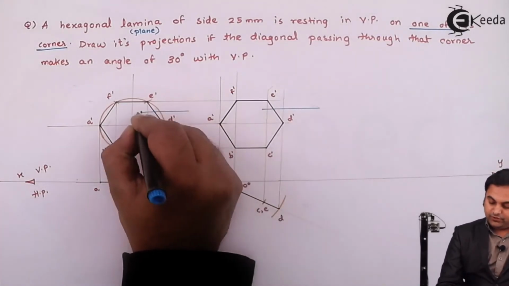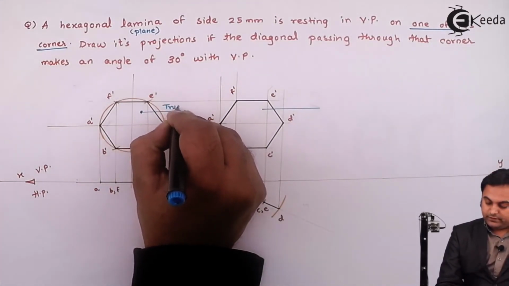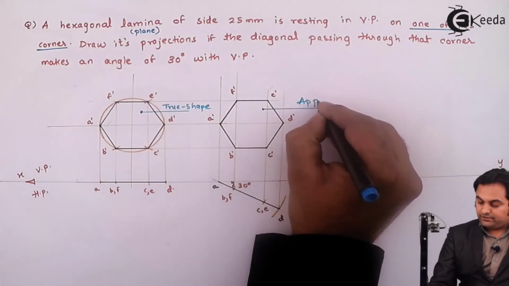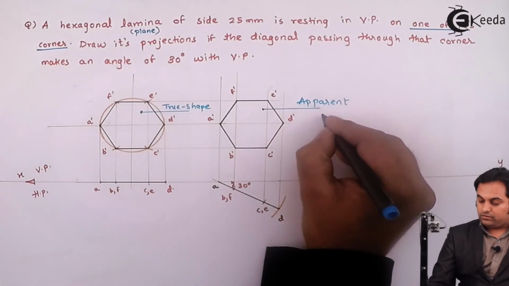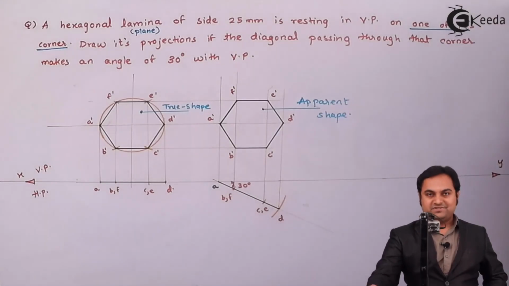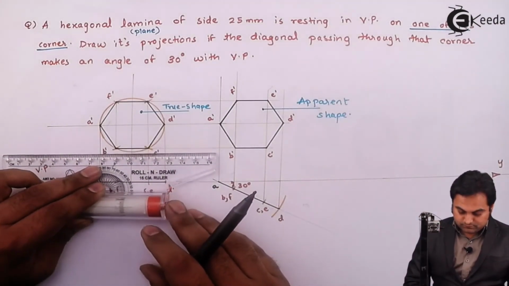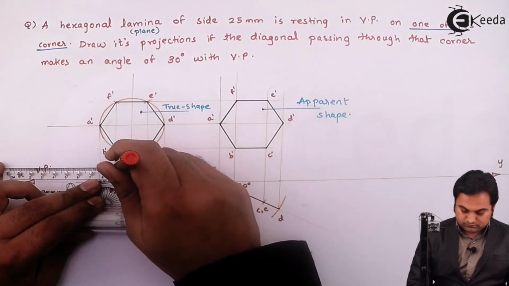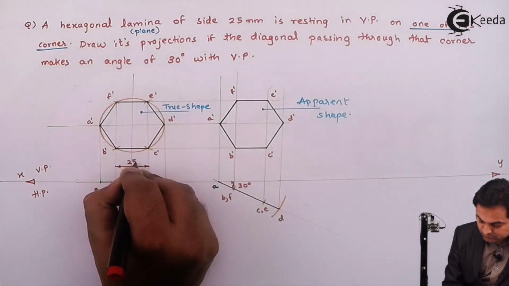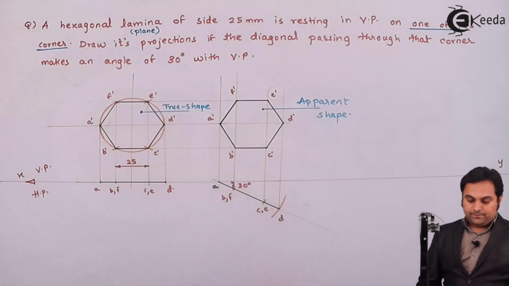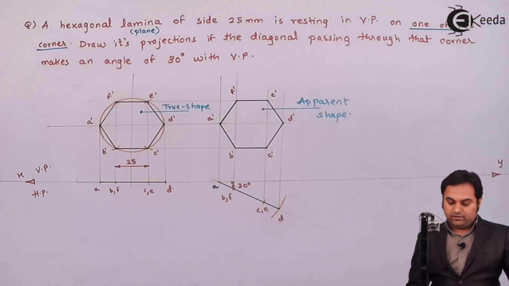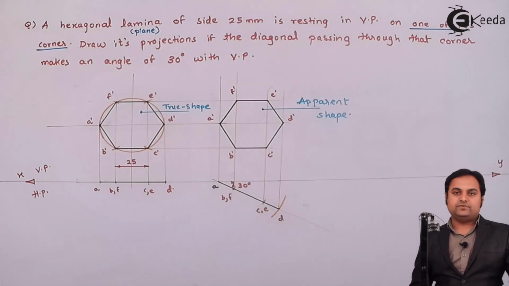So at first it was a true shape, and now it has become an apparent shape. At last, giving the dimensions, 25 mm side. And as mentioned in the question, we have completed the hexagonal lamina as per the given conditions, and with this we complete the problem.